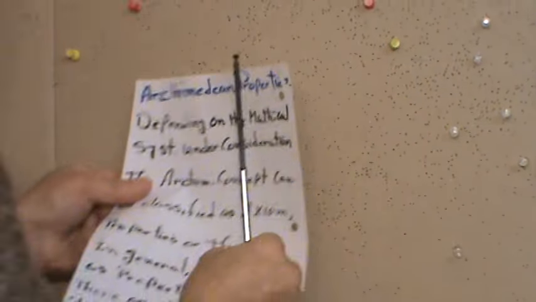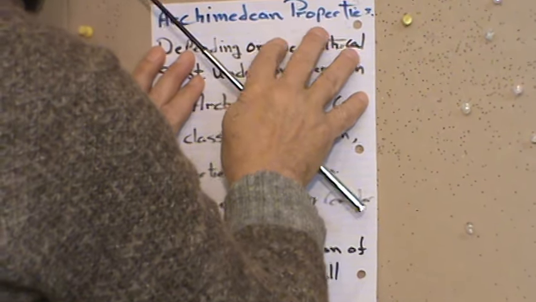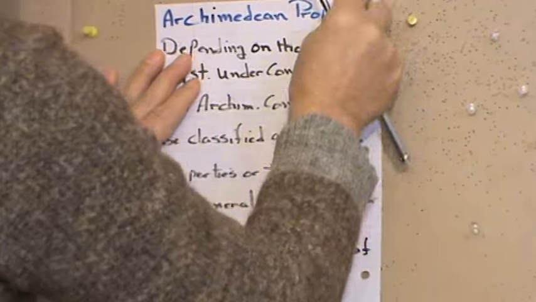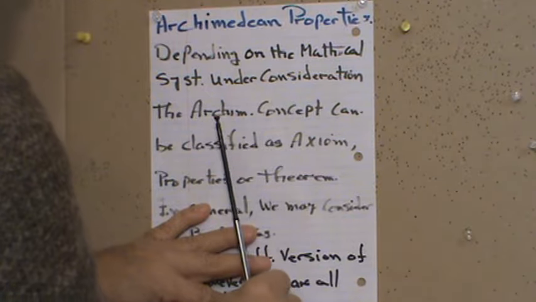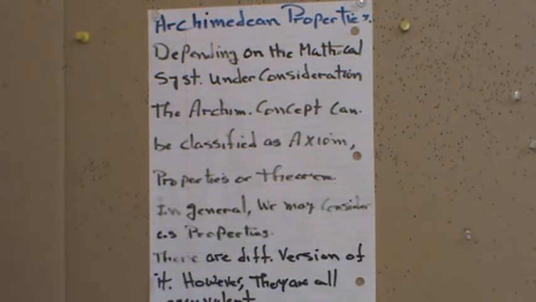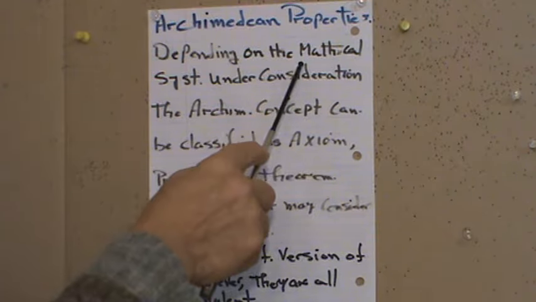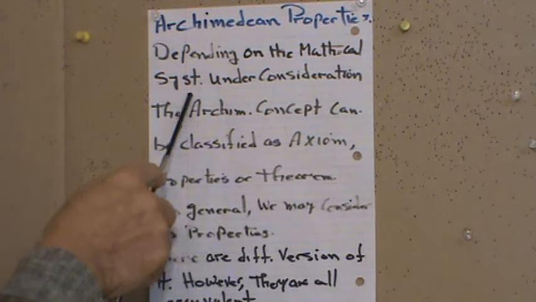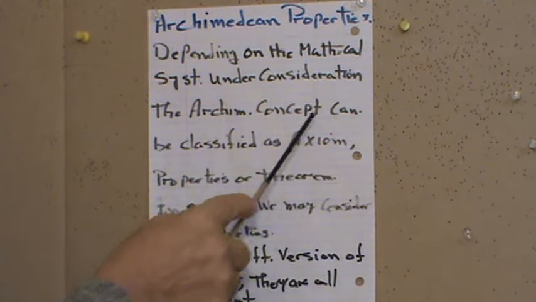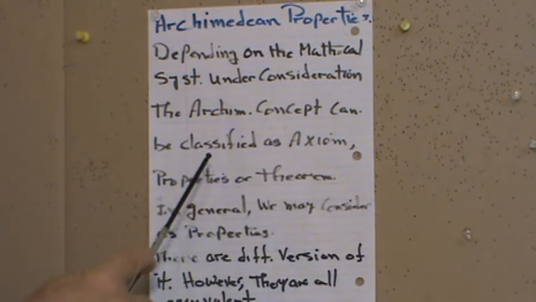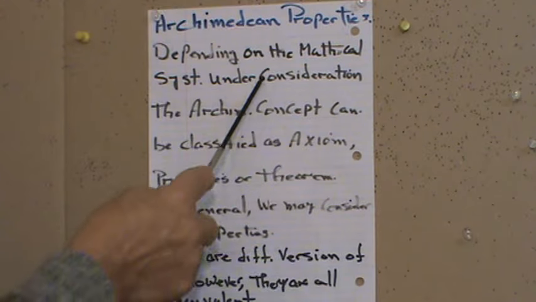Now let's go to this one. It is about Archimedean properties. Again, I'm using them because this is a preliminary. We need all these terms and terminologies in the coming lecture. Depending on the mathematical system under consideration, the Archimedean concept can be classified as an axiom, a property, or even a theorem, because in some cases we can prove it.